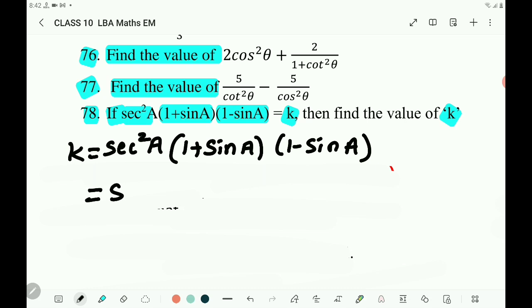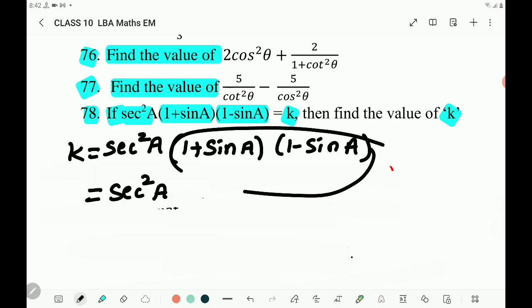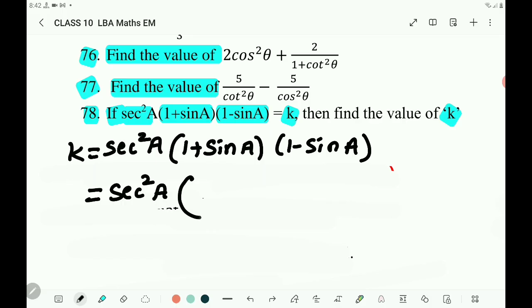Then you write secant square a as it is, and the product of these two, that is a plus b into a minus b, which is equal to a square minus b square. 1 plus sin a into 1 minus sin a is 1 square minus sin square a.